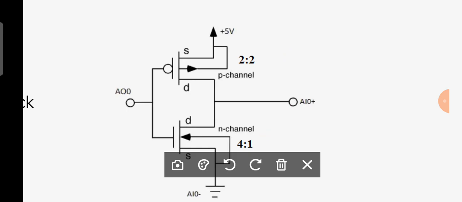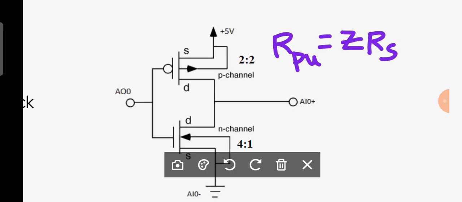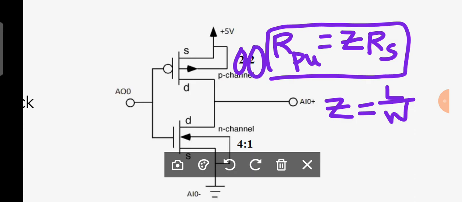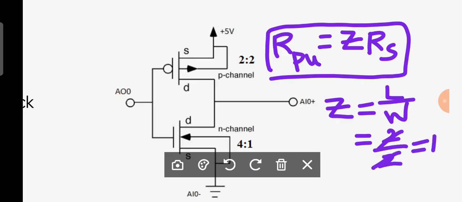Now, we know very well how to determine the resistance. R pull up is equal to Z into RS. How to find out Z? Z is equal to L upon W, where L is 2, W is 2. Therefore, it becomes 2 by 2. 2 gets cancelled, which is equal to 1.